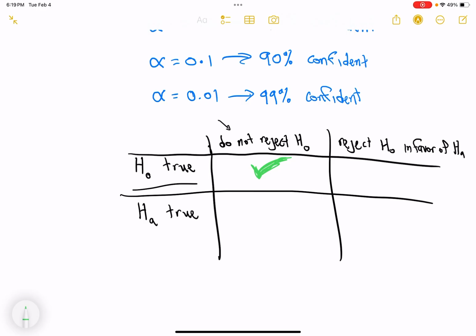Similarly, if the alternate is true and we reject the null in favor of the alternate, we are good to go as well. And I want to state that that is called power, right?